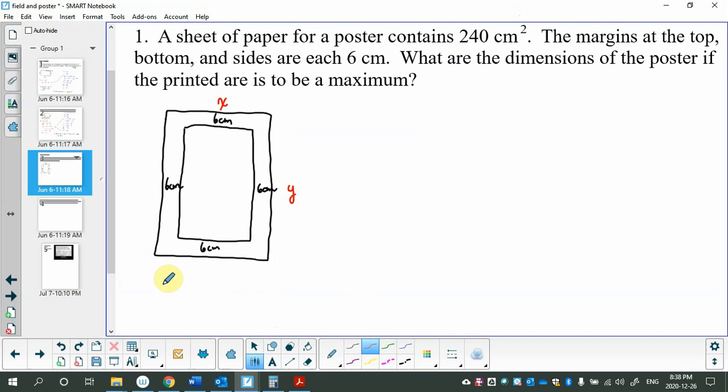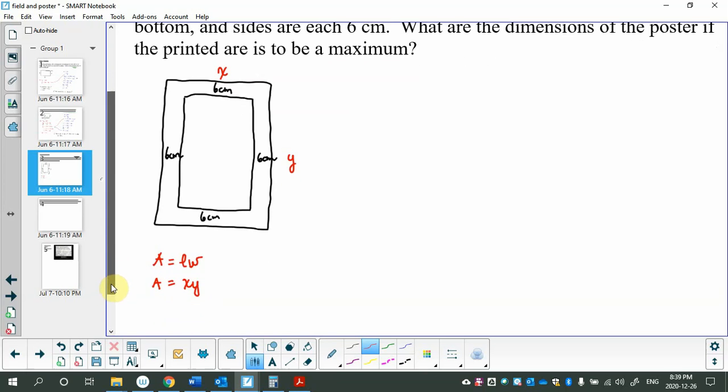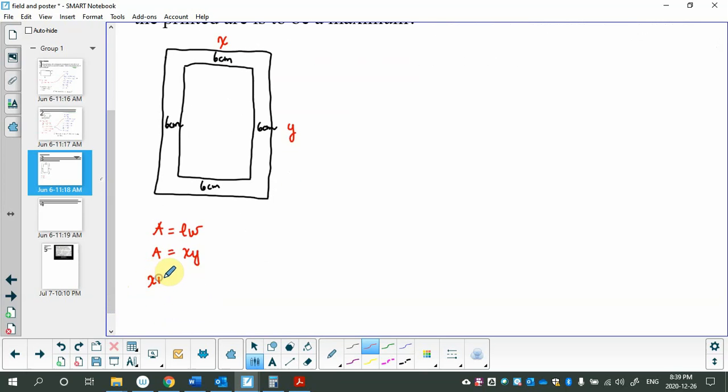It's centimeters squared. So that's area is length times width. So area is X times Y. And that means X times Y is 240. And yeah, I'm going to race ahead and isolate my Y.